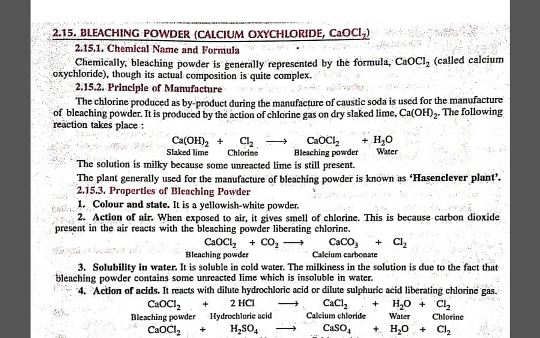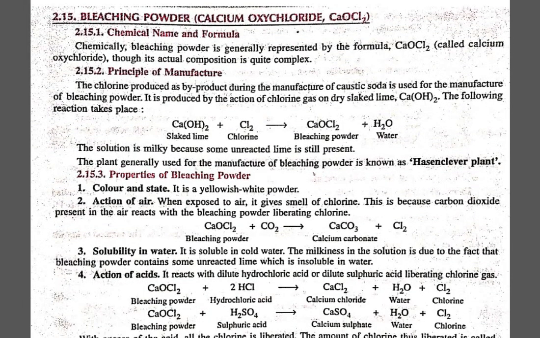Okay, this is the part from which you can note down the notes in your fair notebook. So you can see here the principle of manufacture: the chlorine produced as a byproduct during manufacture of caustic soda, and that is why we are saying that these are chemicals which we are getting from sodium chloride.